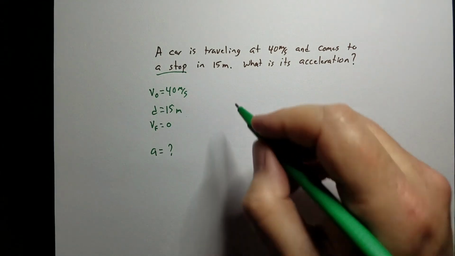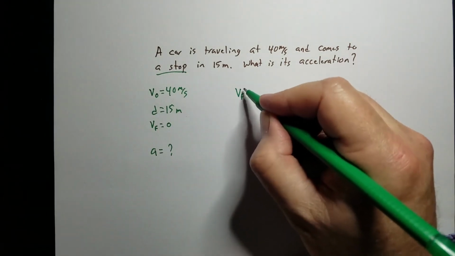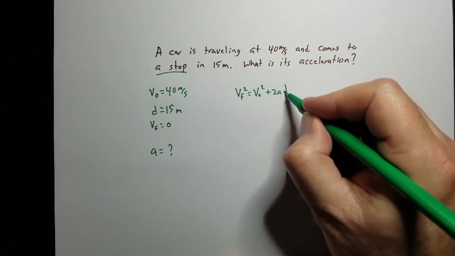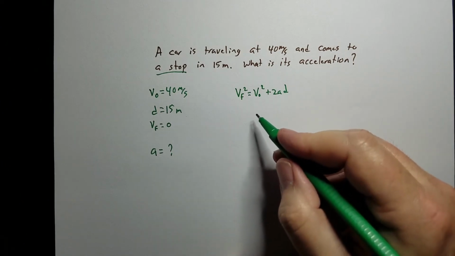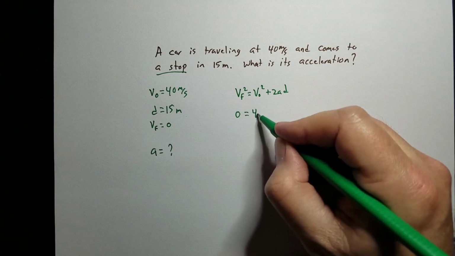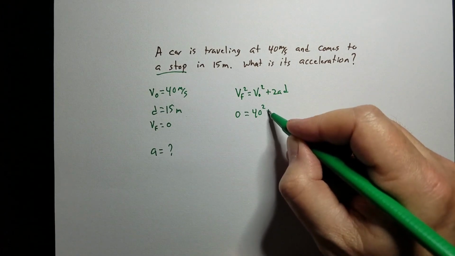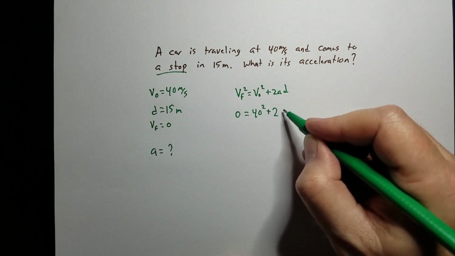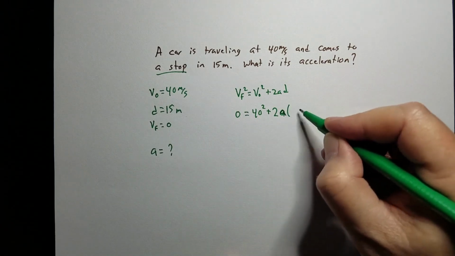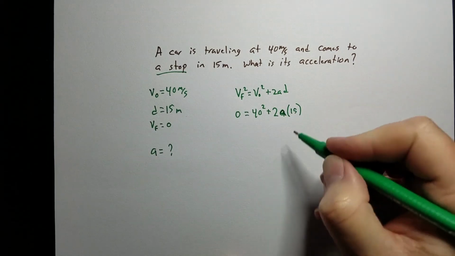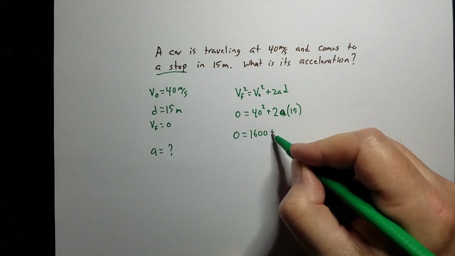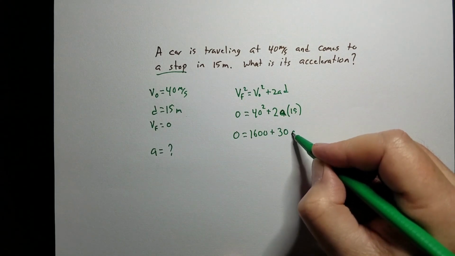Let's use our new equation. vf squared equals vo squared plus 2ad. Final velocity was 0, original velocity is 40, squared, plus twice the acceleration, which we don't know, times the distance, 15. So we have 0 equals 1600 plus 30a.